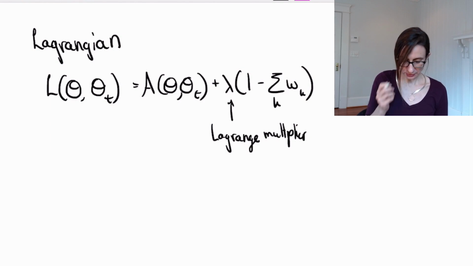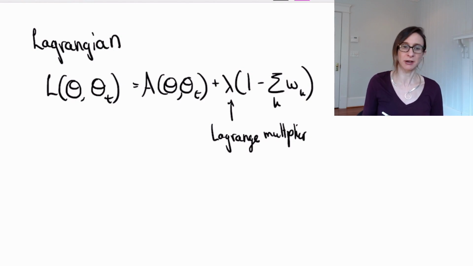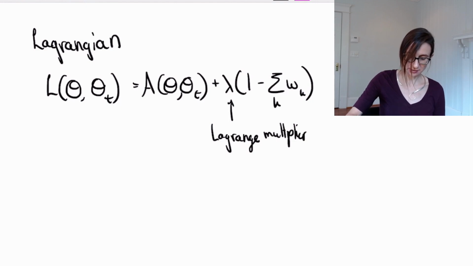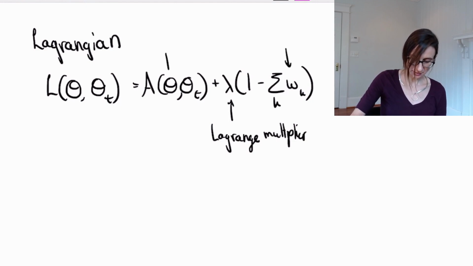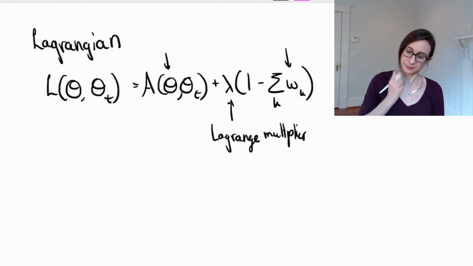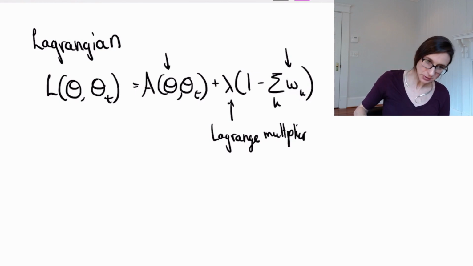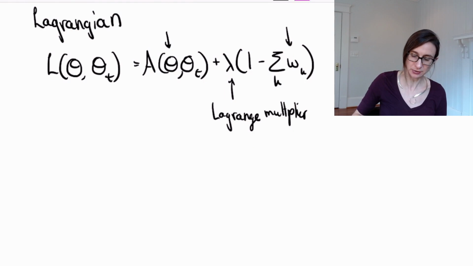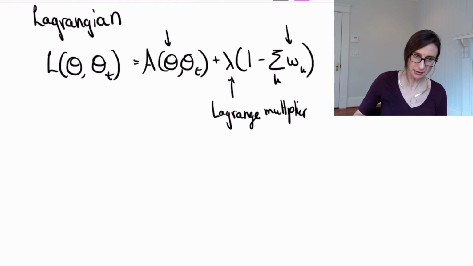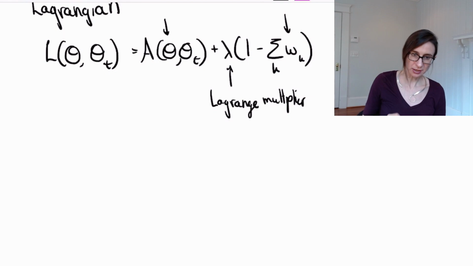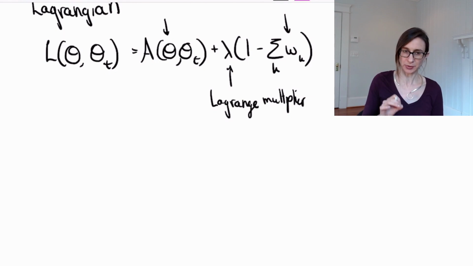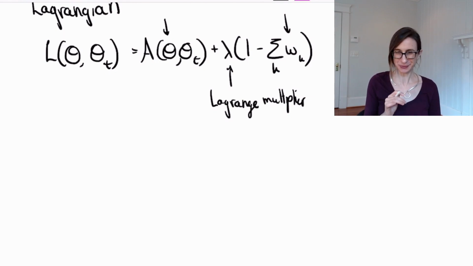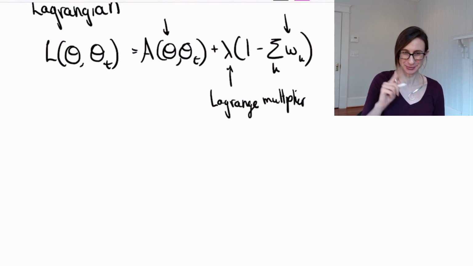Now, the only variables that we're interested in are the WKs, and the WKs are right here, and they're also buried in there. So I'm going to write down the derivative of the Lagrangian with respect to WK prime.